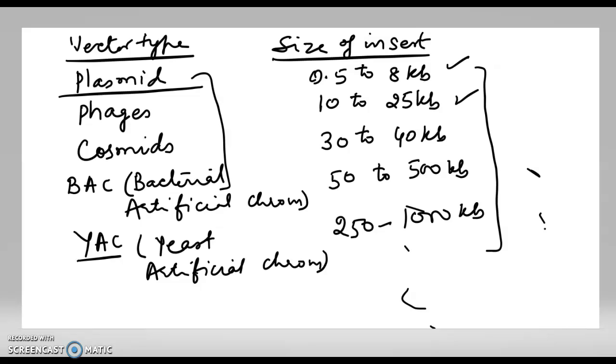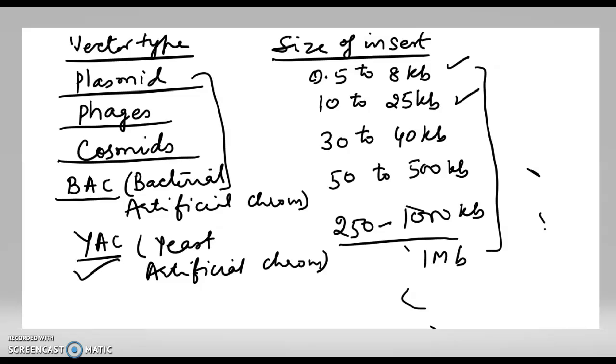If it is up to 25 kb, or maximum 30 kb, from 10 to 25 or 10 to 30, we use phages. If it is between 30 to 40 kilobase pair, we use cosmids. Then if it is between 50 to 500, like in case of Human Genome Project, we used BAC, that is bacterial artificial chromosome. And if it is more than 500 or up to 1000 kb or 1 MB, then we use yeast artificial chromosome, and this is also used in Genome Project.